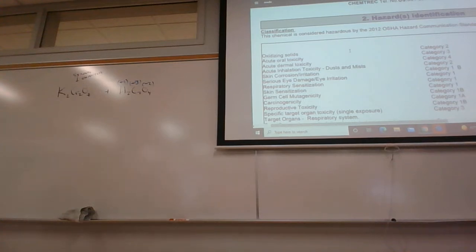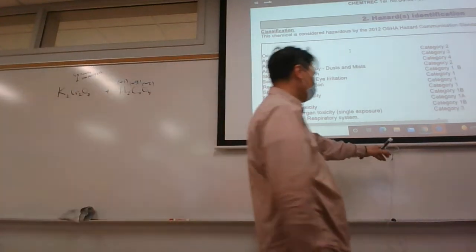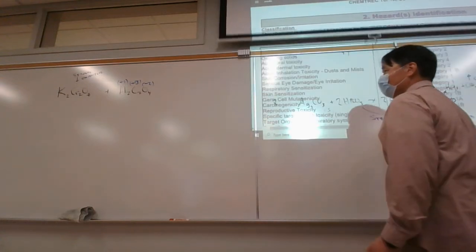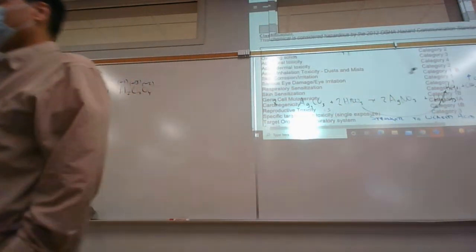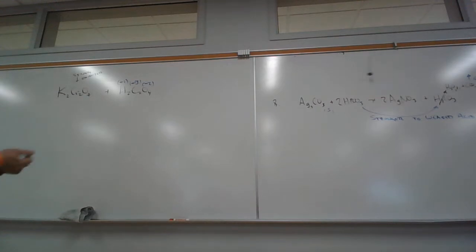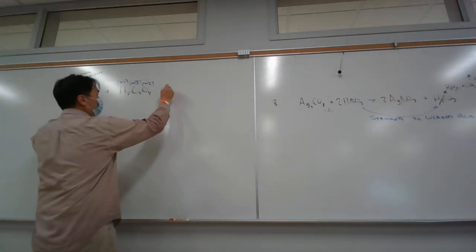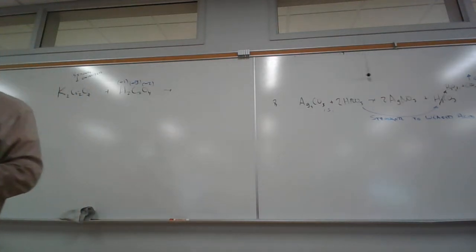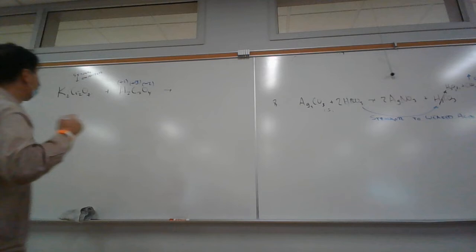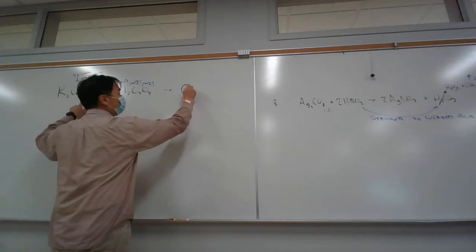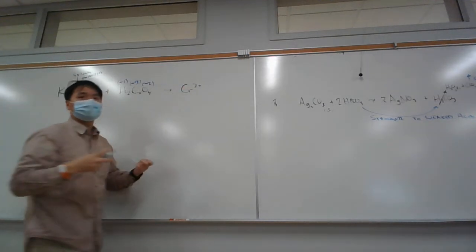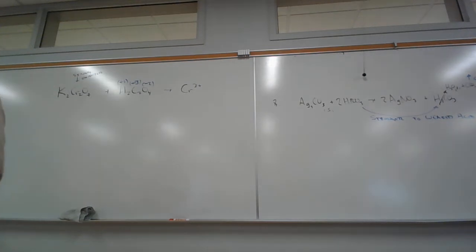There are two ways we could do this particular reaction. We want to form chromium 3+. Chromium 3+ is just a standard monatomic cation.